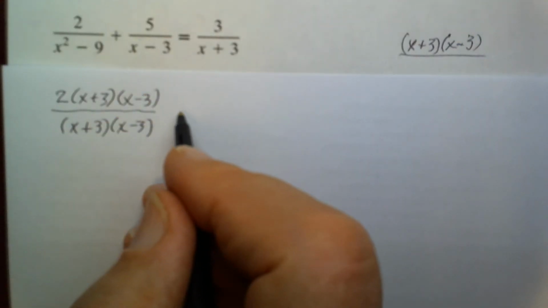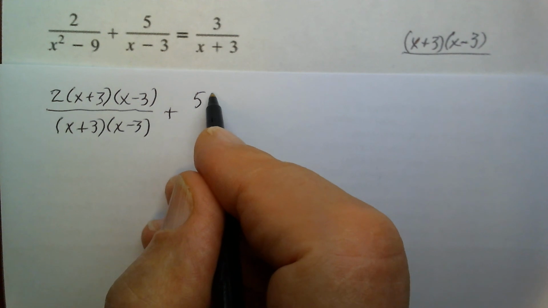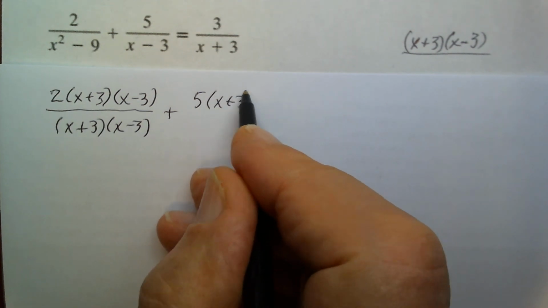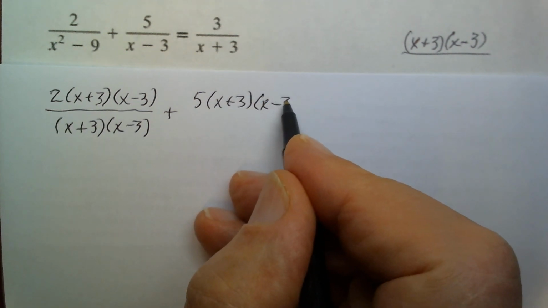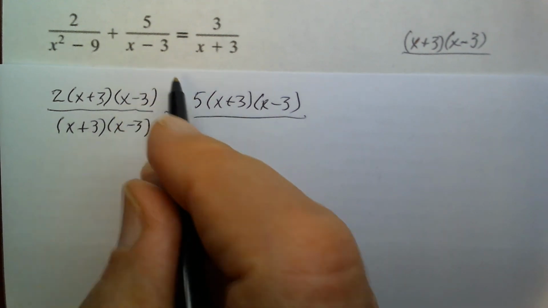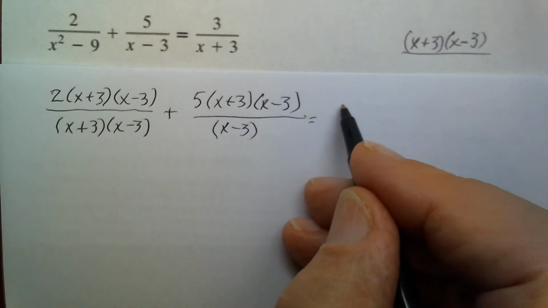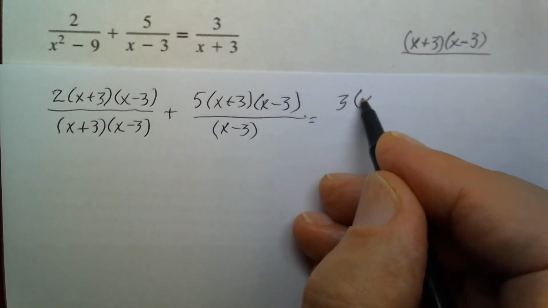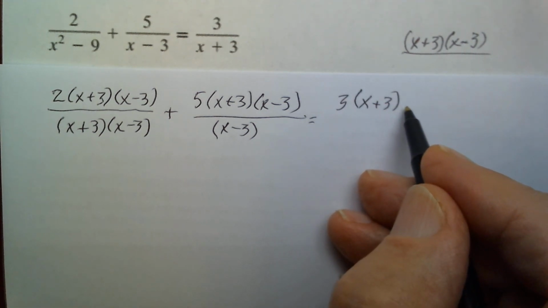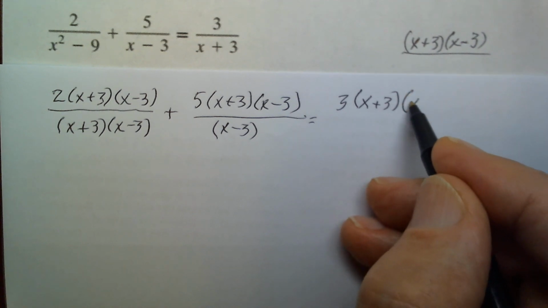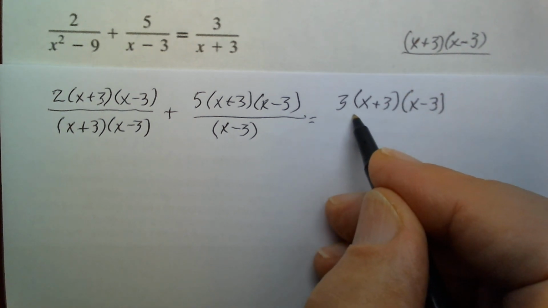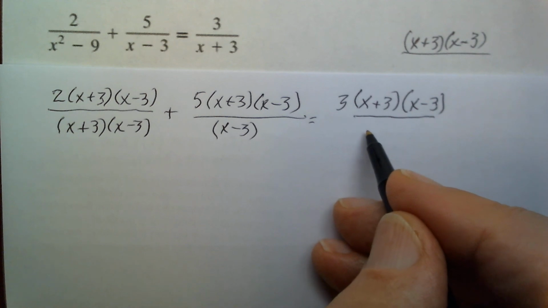And then for the second term, we have 5 times x plus 3 times x minus 3 divided by x minus 3 equals 3 times x plus 3 times x minus 3 divided by x plus 3.